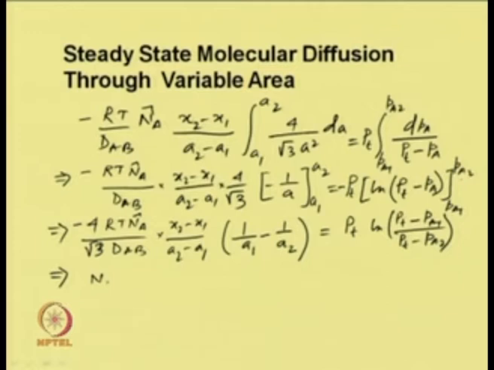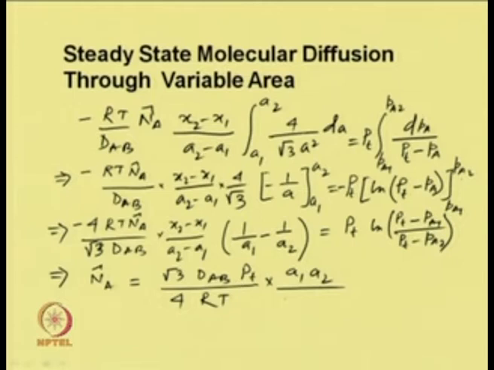NA cap is the diffusion rate, and will be equal to root 3 DAB into PT by 4 RT into, (A2 minus A1) will cancel out, so it will be A1 A2 by (x2 minus x1) ln (PT minus PA1) by (PT minus PA2).